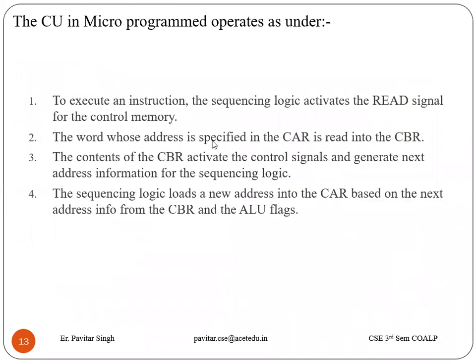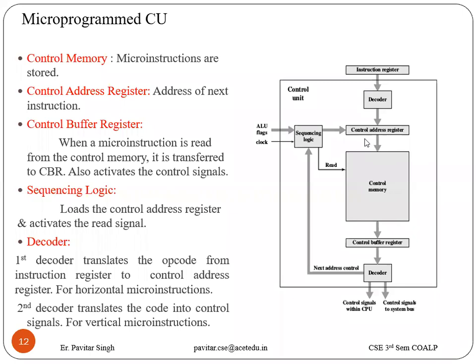So the word whose address is specified in the CAR is read into the CBR. The address is given to the control address register, so here you are getting the address. Only that word is read from the control memory and given to the control buffer register, right?